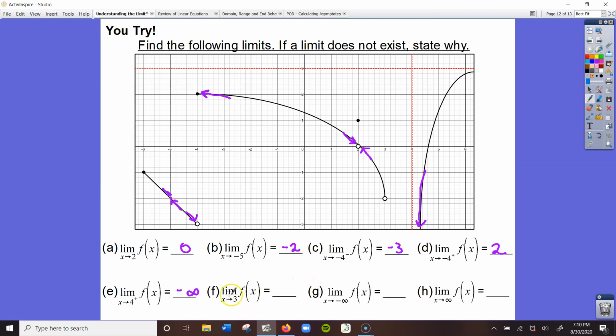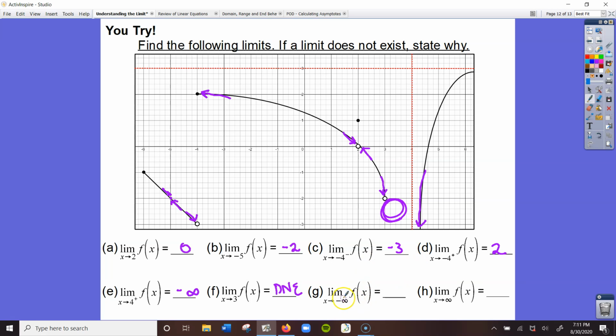Now here we have a general limit for when x is approaching 3. That means that the left side and the right side must be equal. On the left side, it is approaching some number, but we notice that on the right side, there's nothing there. Therefore, the left and the right cannot be equal. So that means that this limit does not exist.